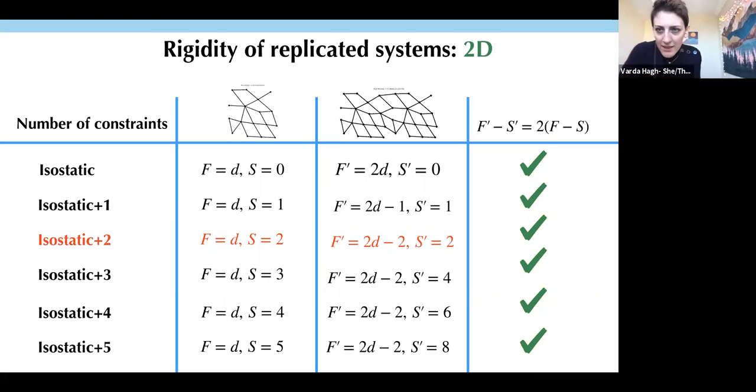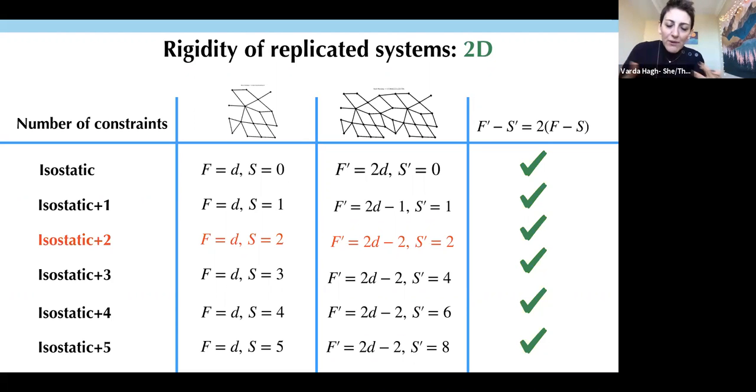But also, one thing that I should say is that if we just look at the rigidity matrix, the way we calculate the number of states of self-stress in the system is basically the number of zero modes of the R transpose matrix, or the nullity of the R transpose matrix.